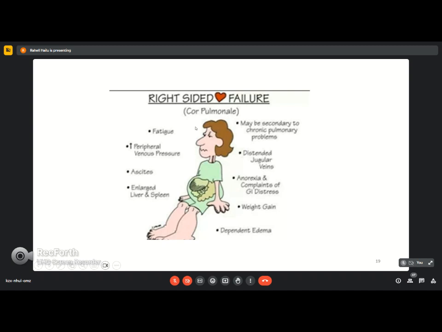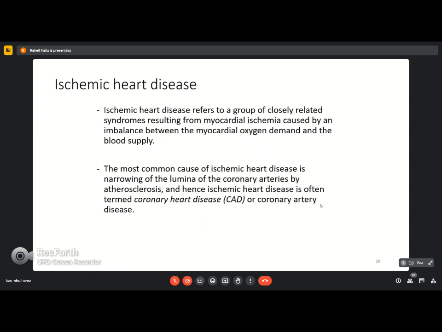So right-sided heart failure or cor pulmonale, if it occurs isolated, is usually secondary to chronic pulmonary problems. You will have distended jugular veins, anorexia, complaints of GI disease, weight gain. These can be the manifestations.